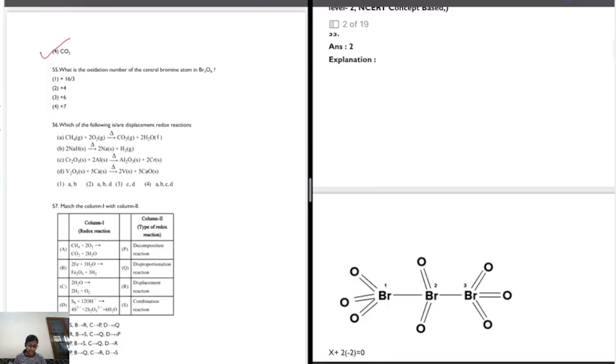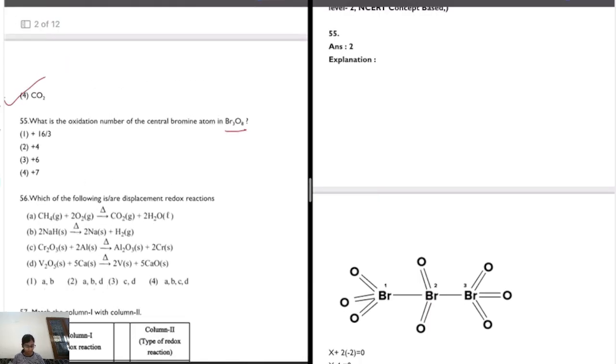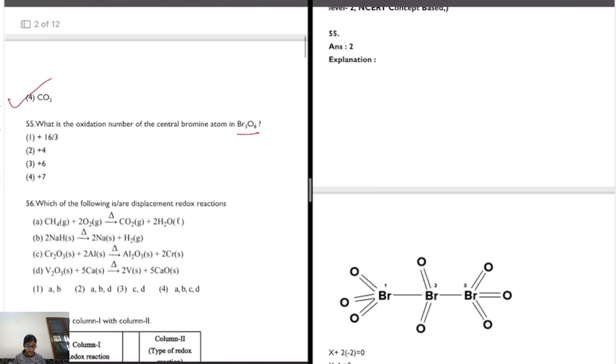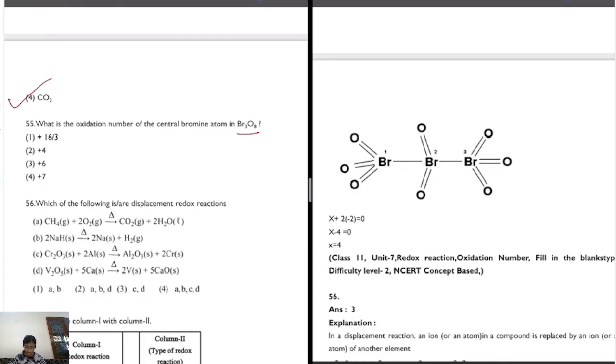In the next question, what is the oxidation number of the central bromine atom in Br3O8? This is the structure of Br3O8, and the central bromine atom's oxidation state is what we need.